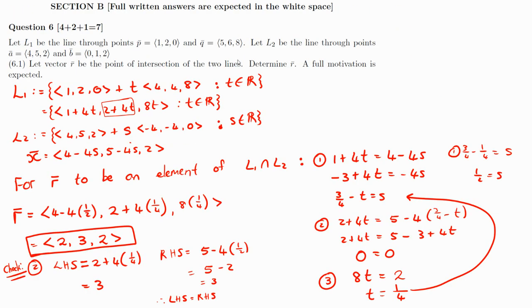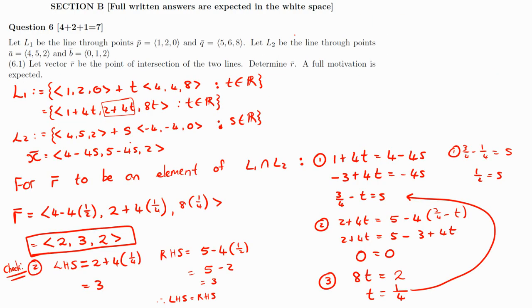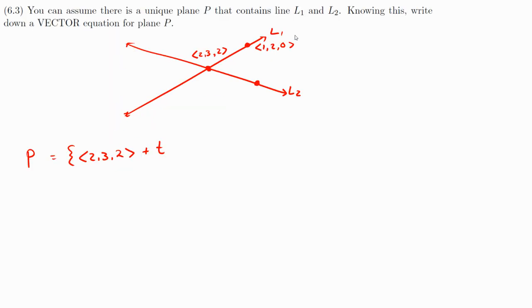So let's say on line 1, 1, 2, 0, and then on line 2, let's say 0, 1, 2. Okay, so now we're just going to say this minus the point of intersection. So 1 minus 2 is minus 1, 2 minus 3 is minus 1, and then 0 minus 2 is minus 2. Okay, and then plus another one.